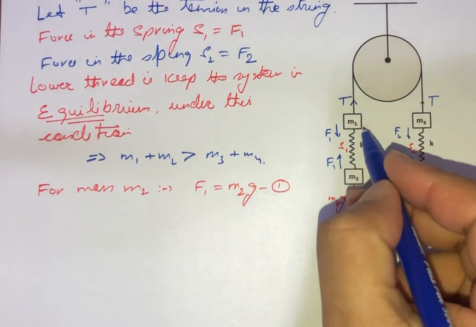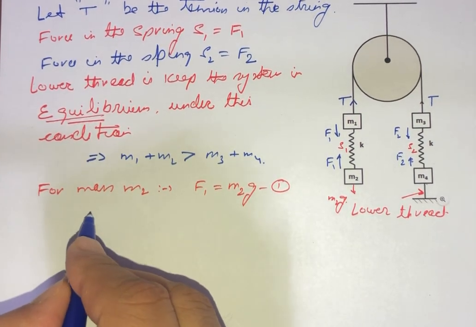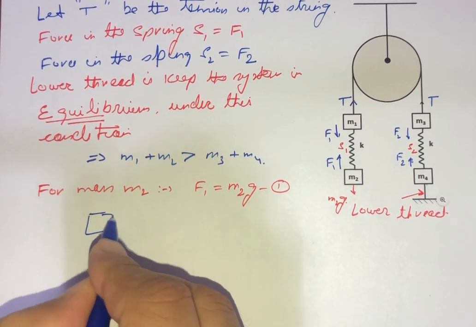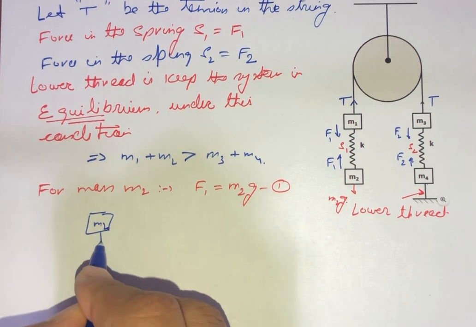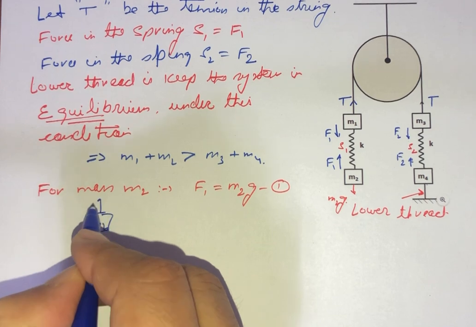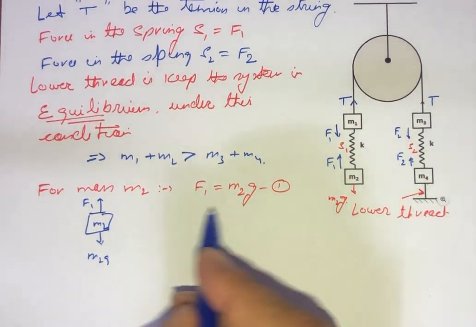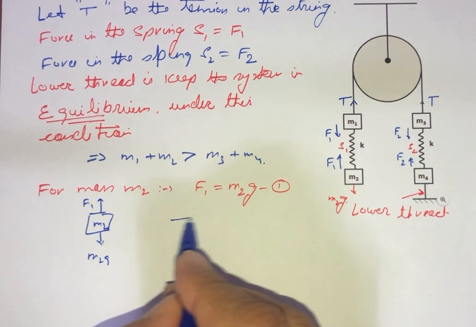And similarly, let us draw for M2 here. It's much easier. This is our M2. There will be M2G in the downward direction, and there will be force F1 in the upward direction. Next is our M1.